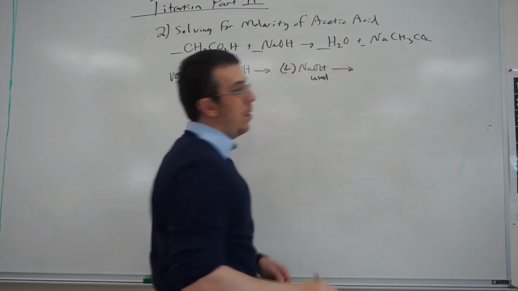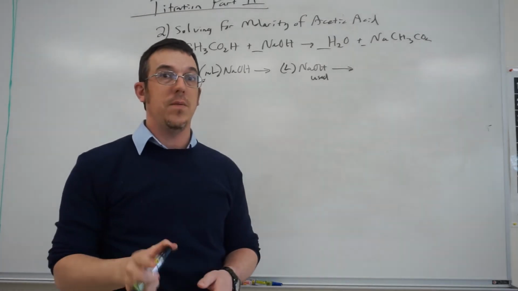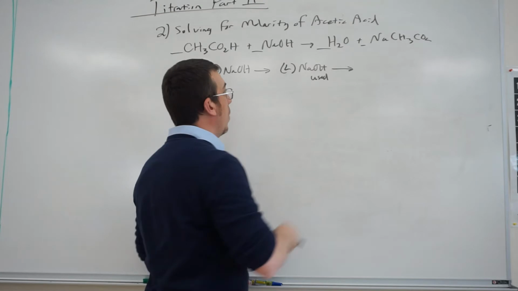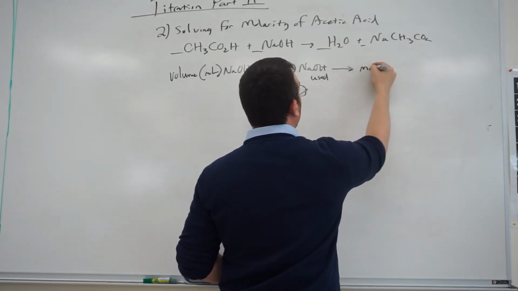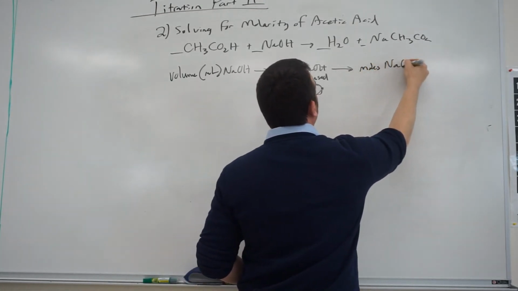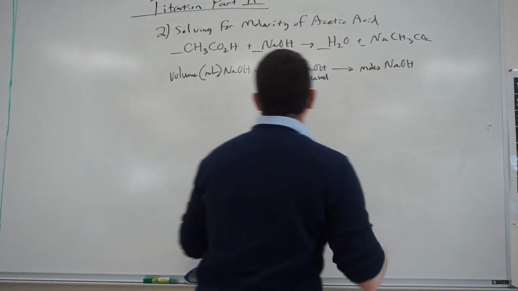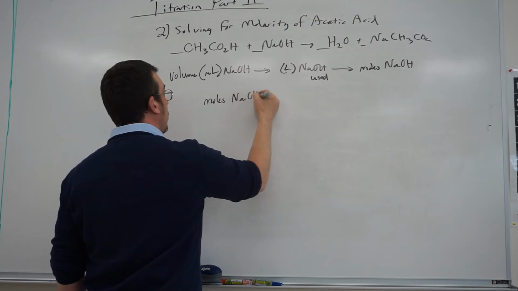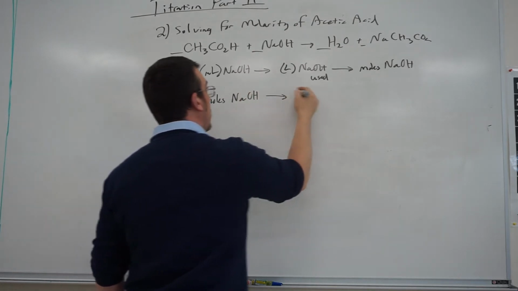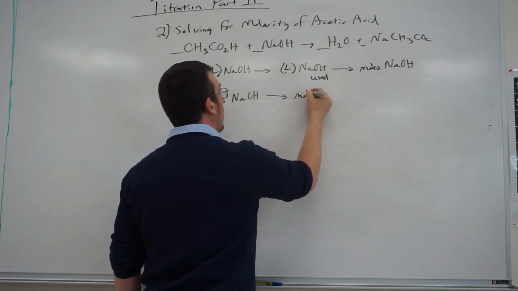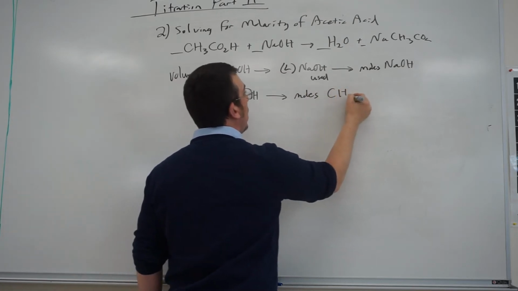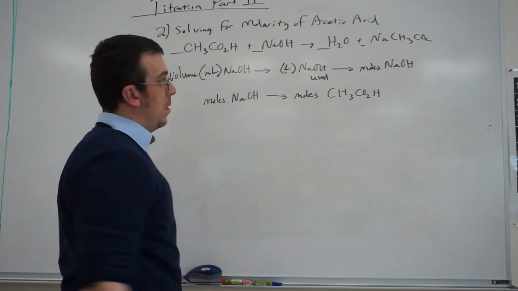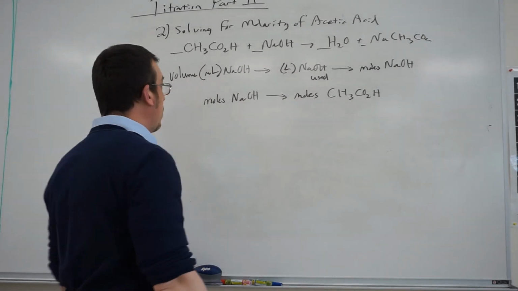So then we'll take the molarity that we just solved for with sodium hydroxide in part 1, and we're going to figure out how many moles of NaOH we used to titrate. Then we'll take the moles of NaOH and convert them into moles of acetic acid, and that comes back to the balanced equation that you should have done already.